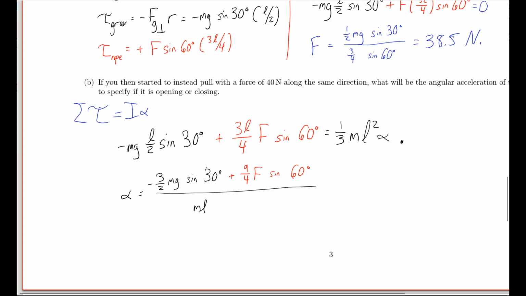So now I can type these things into Google Calculator. So minus 3 over 2 times 10 kilograms times 10 meters per second squared times the sine of 30 degrees plus 9 over 4 times the force, which is 40 newtons, times the sine of 60 degrees.